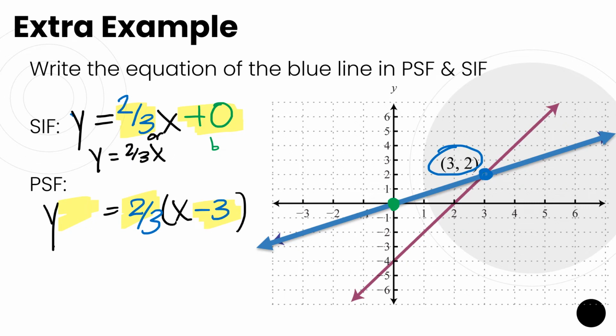If it says the y coordinate's positive 2, then I write negative 2. Now keep in mind that's not the only point I could use. I could use this dot over here. I could use 6, 4. I could use this dot over here, which is negative 3, negative 2, which means if your answer in point slope form is different than a friend's, you could both be correct.